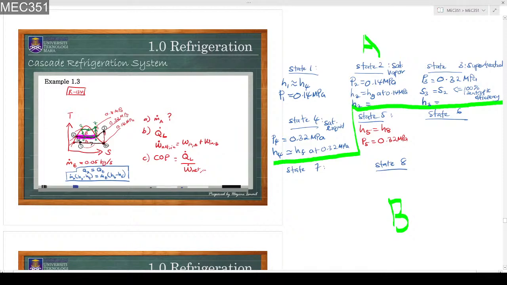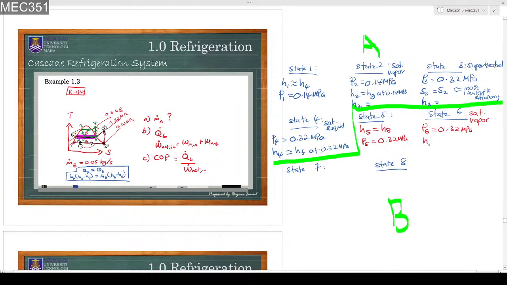MPa. Okay, so for the state 6 we know similar to the state 2 here, so it will be saturated vapor. Okay, so P6 still 0.32 MPa.